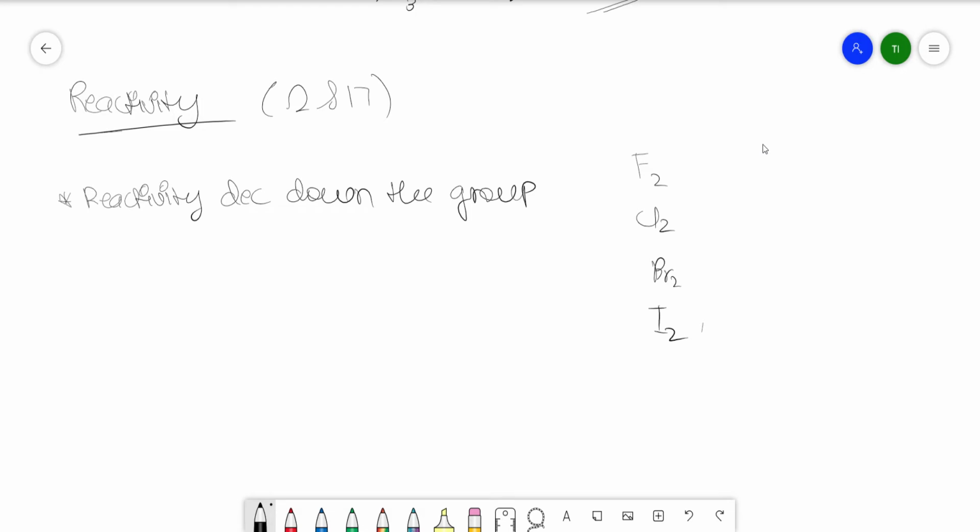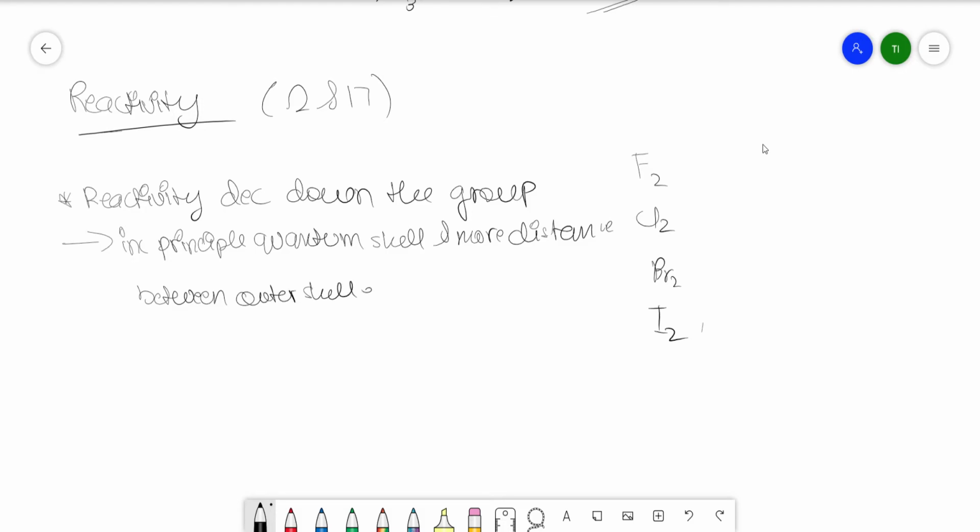And the reason for that is because down the group, there is an increasing number of principal quantum shells, and more distance between the outer shell electron and nucleus, which is basically the atomic radius, and therefore weaker nuclear attraction.